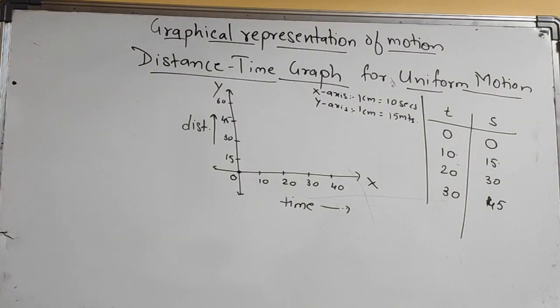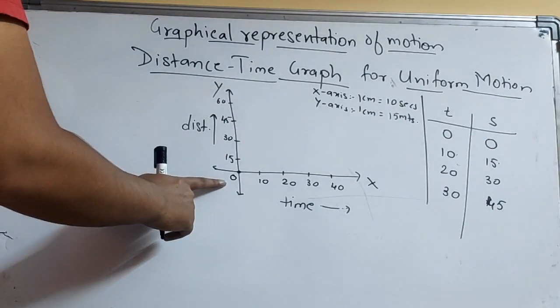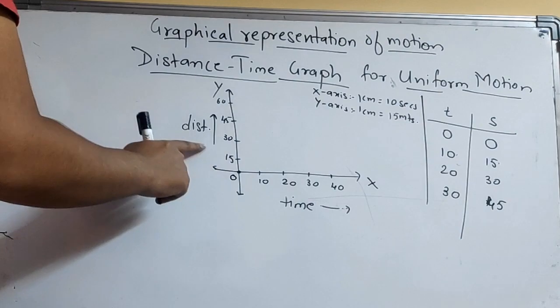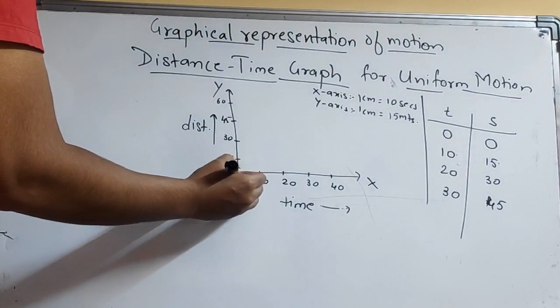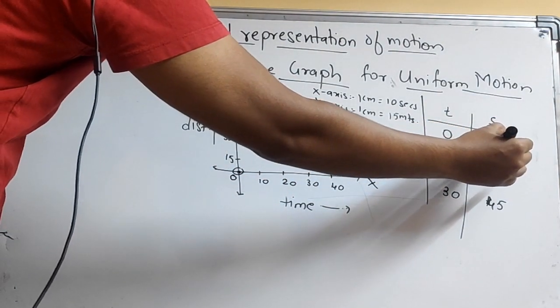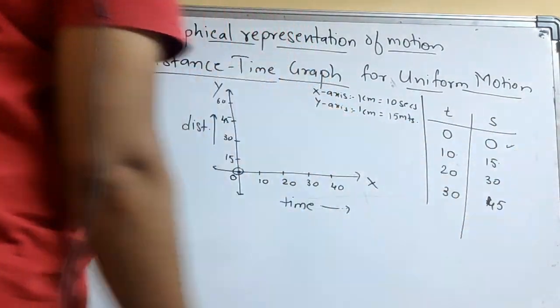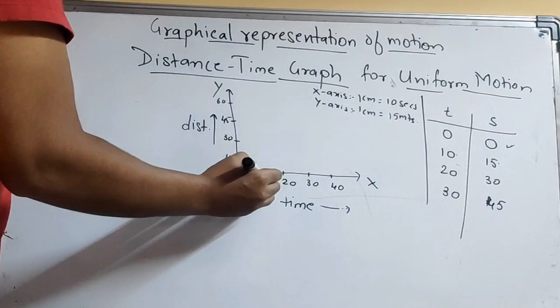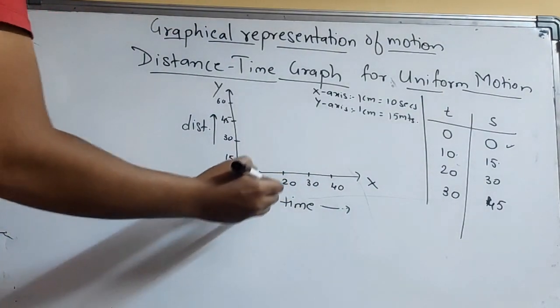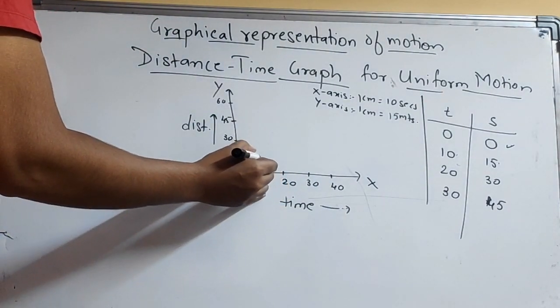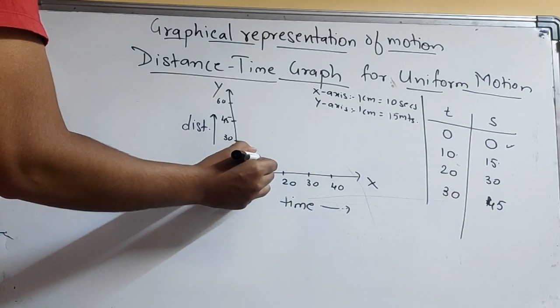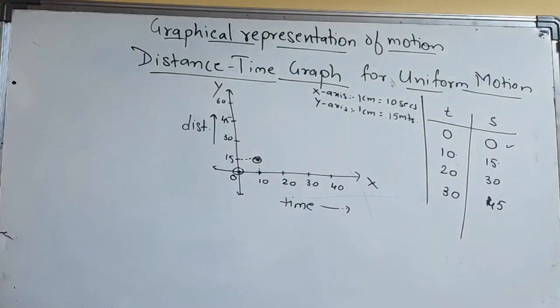Now let us start plotting the points. At 0 seconds the distance is 0 meters. Done. Now at 10 seconds, how much is the distance covered? 15 meters.